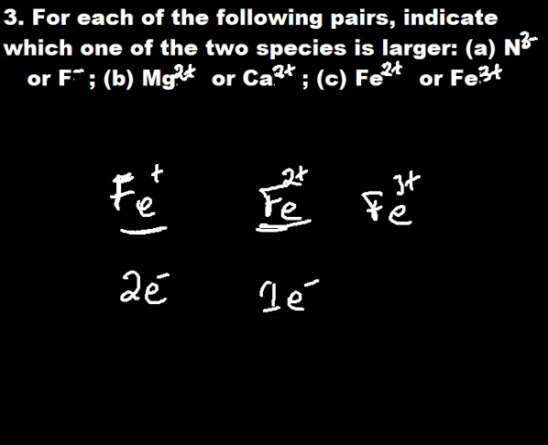So which one do you expect to have the larger radius: the one with more electrons in the outermost shell, or the one with fewer?